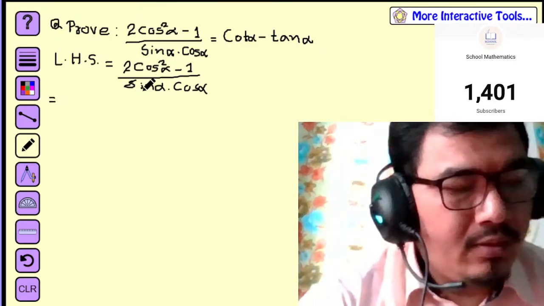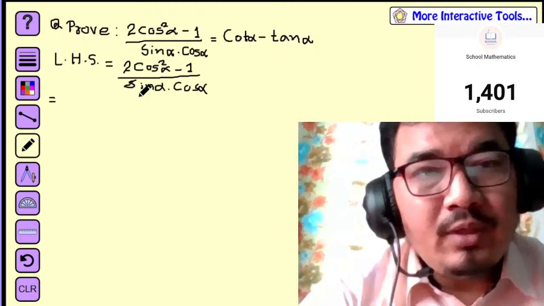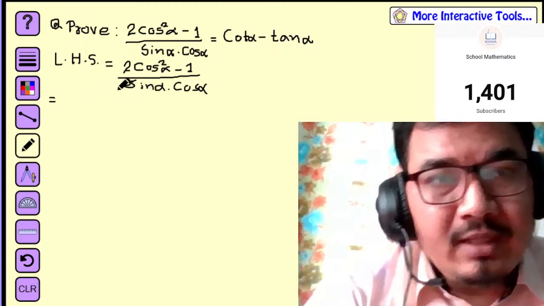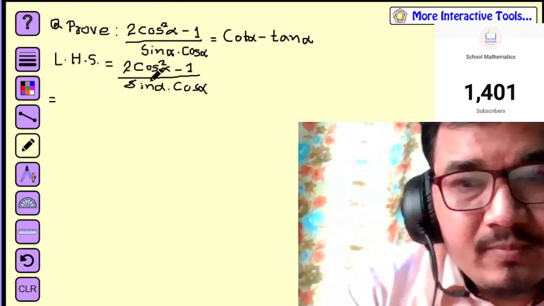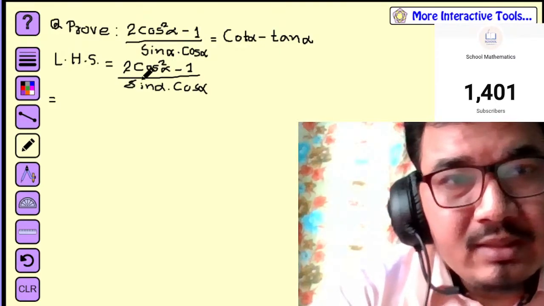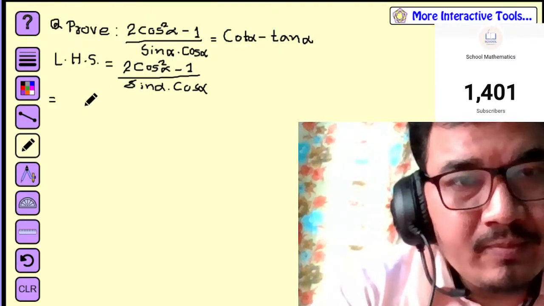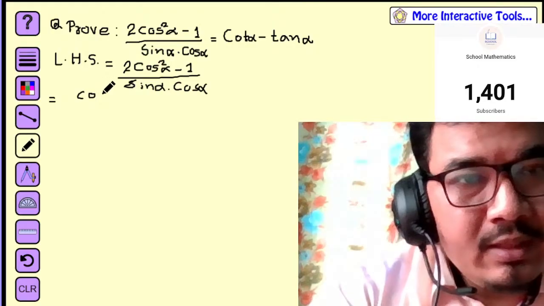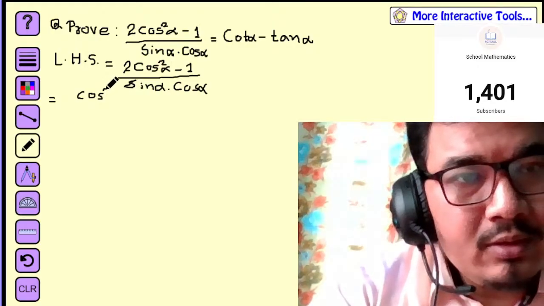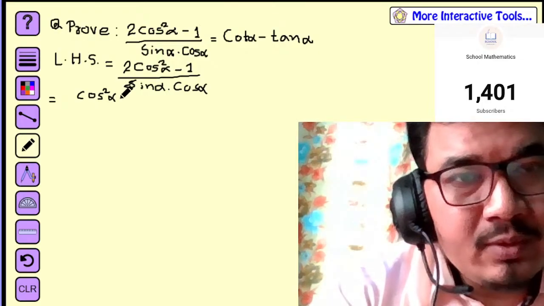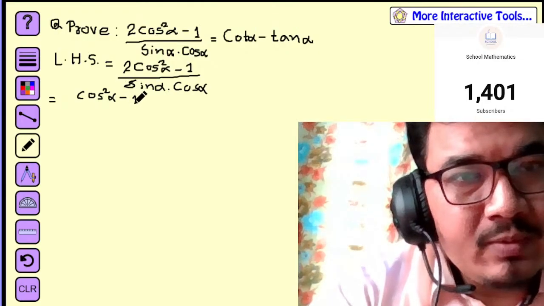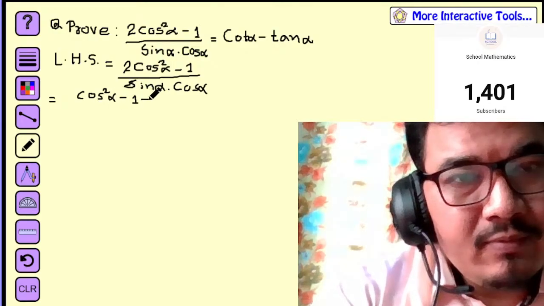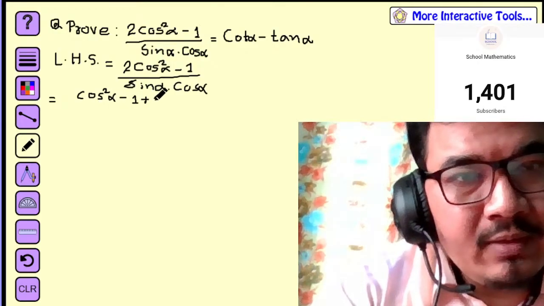The first step that we need to do here is this: this is 2 cos square alpha given, that we have to break down in two parts, that is cos square alpha plus cos square alpha. This technique you have to understand while solving this question, okay? Here is minus 1.